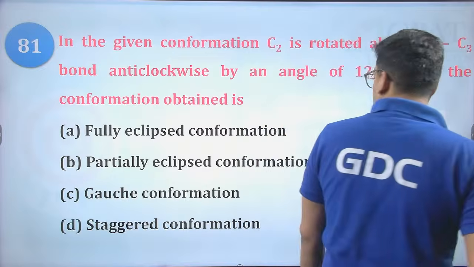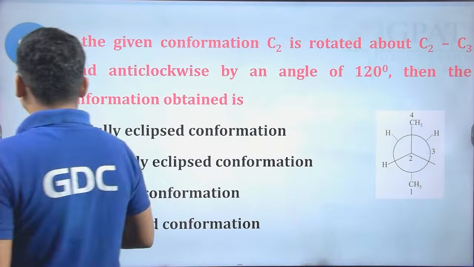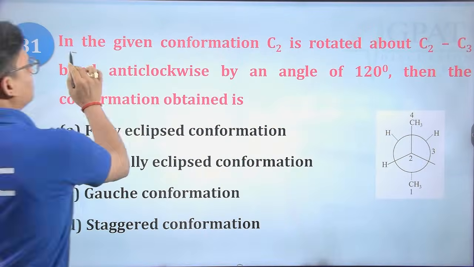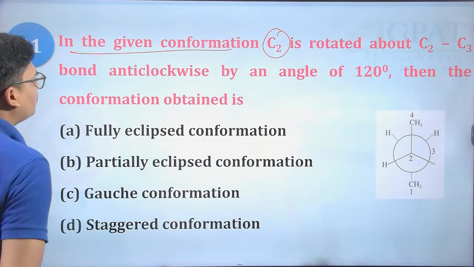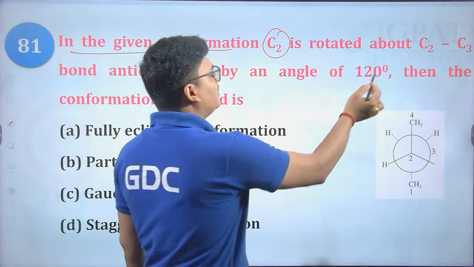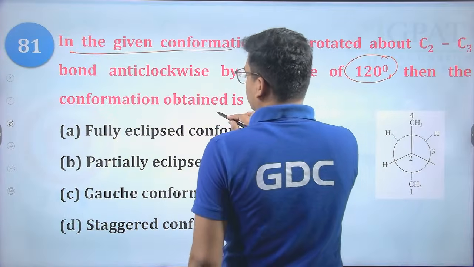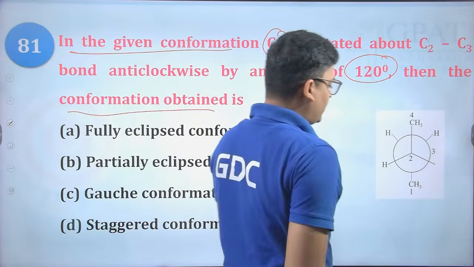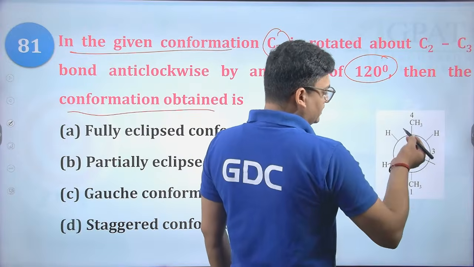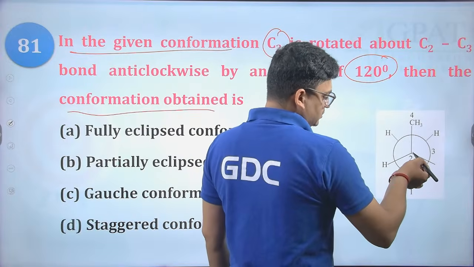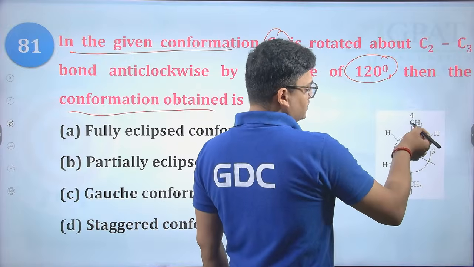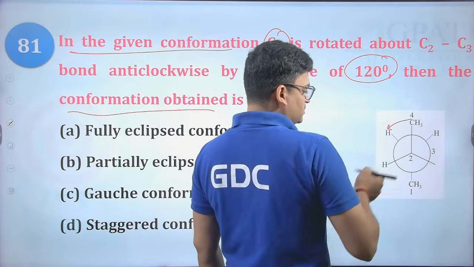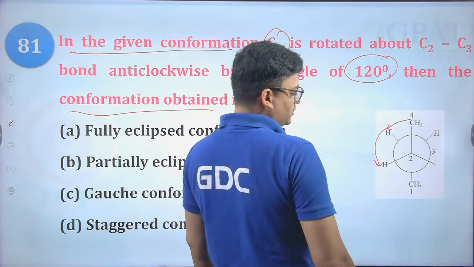Good morning. So let's have the first question. In the given conformation, C2 is rotated about the C2-C3 bond anti-clockwise by an angle of 120 degrees. Then the conformation obtained is... we have a structure here, and in this structure the C2 bond is rotated by 120 degrees. It means this goes here 60, then again 120.